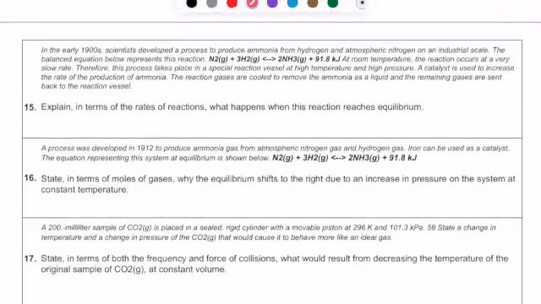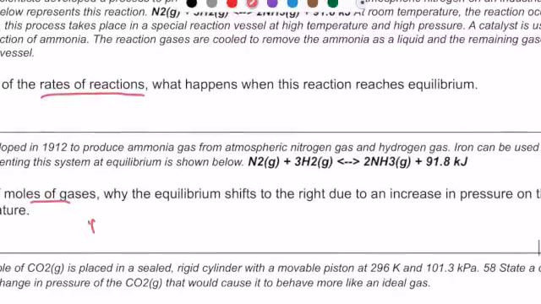So explain in terms of the rates of reaction, what happens when this reaction reaches equilibrium. So you just have to say the rate of the forward reaction is going to be equal to the rate of the reverse reaction. Then state in terms of the moles of gases why the equilibrium shifts to the right due to an increase in pressure on the system. So when you increase the pressure, that means we now have less volume.